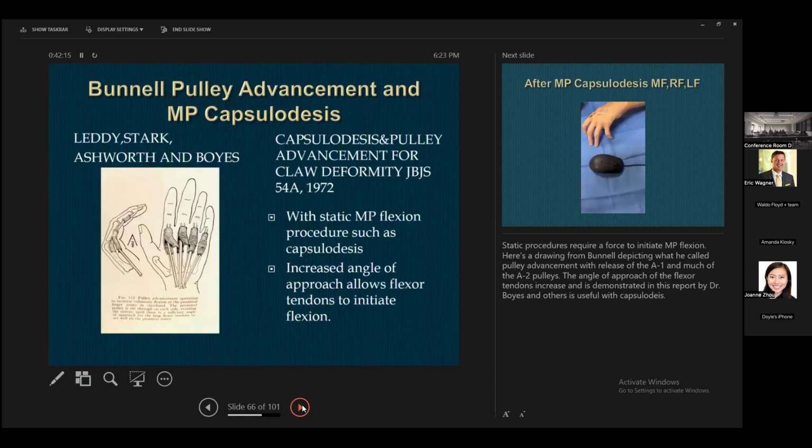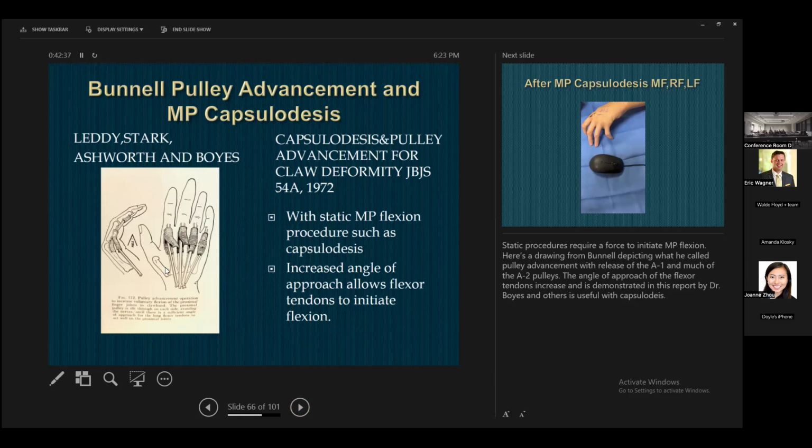So this is not really a tendon transfer, but it's an option. This is a group of people who actually trained with Dr. Boys, and it's a good paper from JBJS 1972, where they evaluated their capsulodesis procedures.